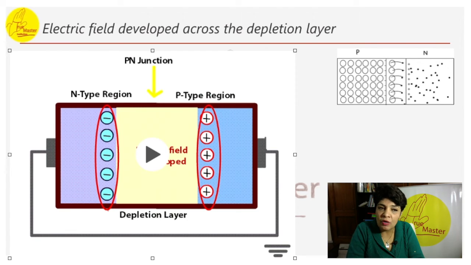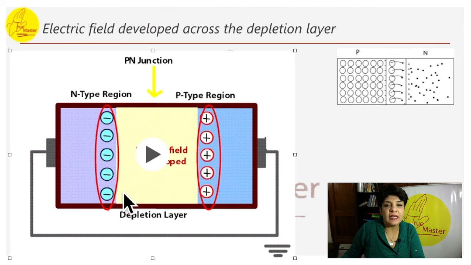So what are the minority charges in P type? P type has positive holes in it, so it has vacancies here. What are the minority carriers here? The minority carriers are electrons, a very small quantity of electrons in P type. Similarly, N type mainly has negative electrons, but the minority carriers are a small number of holes, very few holes here.